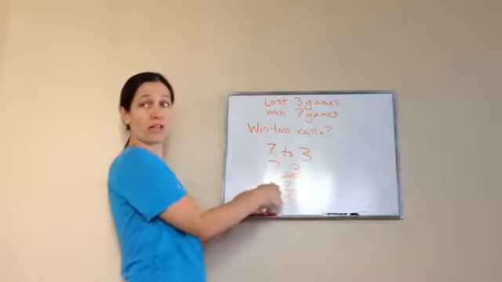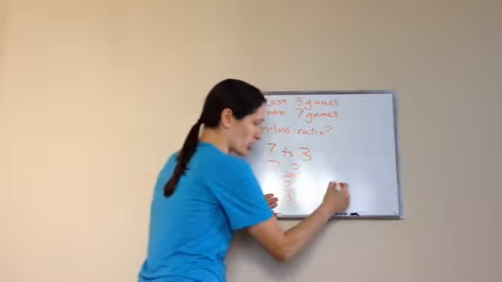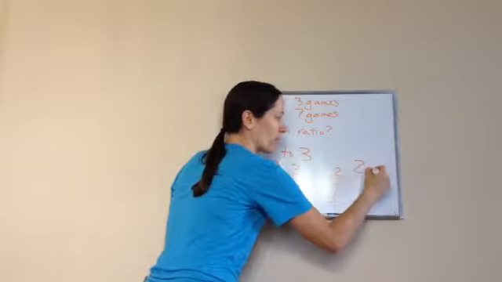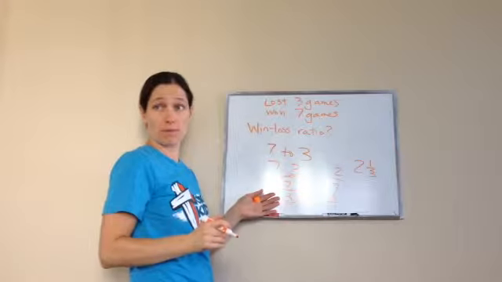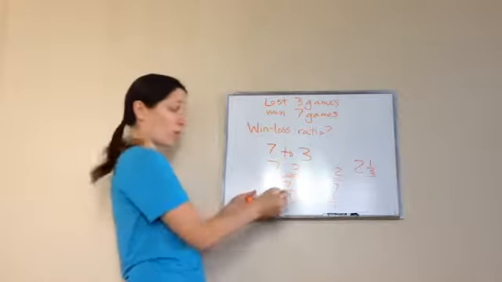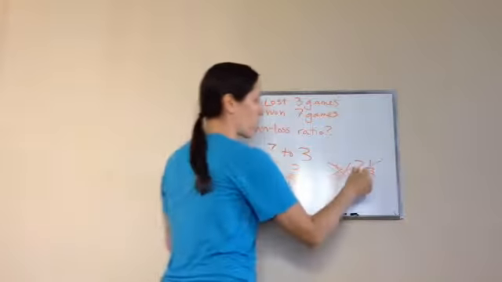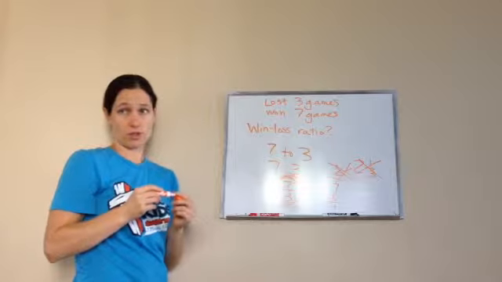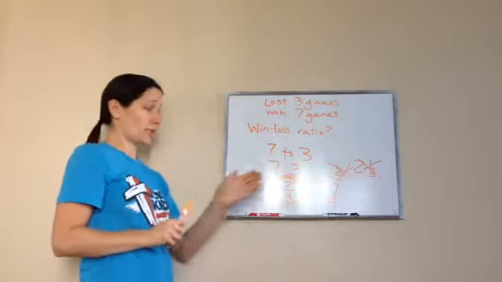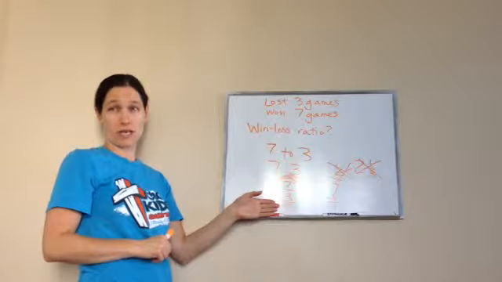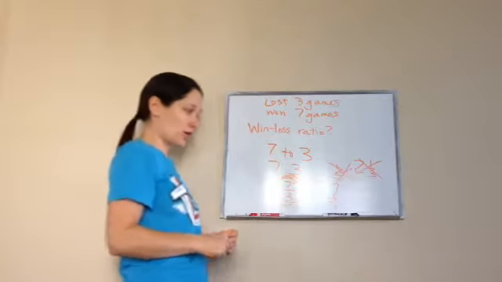Normally we would have changed it to 2 1/3 as a mixed number. But when you're working with ratio, you are not going to make it into a mixed number. It doesn't matter. That's the way the ratio is supposed to be written. You got it?